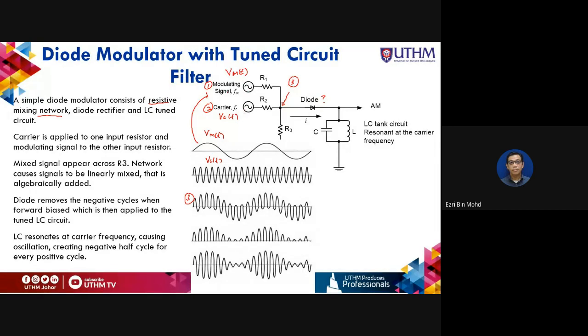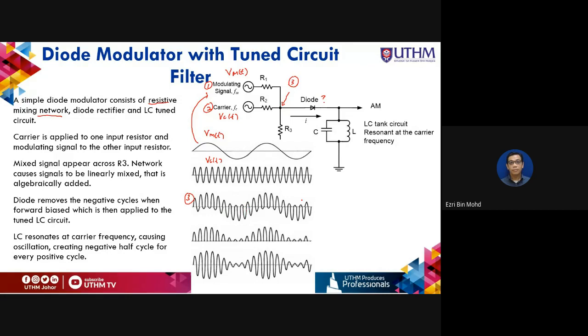The amplitude of vm(t) plus the amplitude of vc(t) will produce this kind of signal. When they are added, this one minus this one, so it becomes small. This is the resultant of the added signal between vm(t) and vc(t).